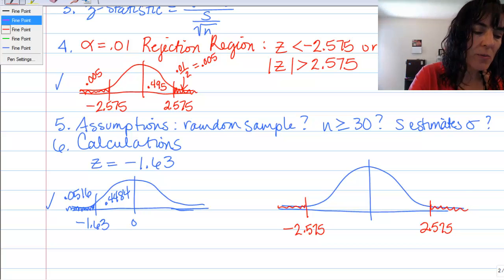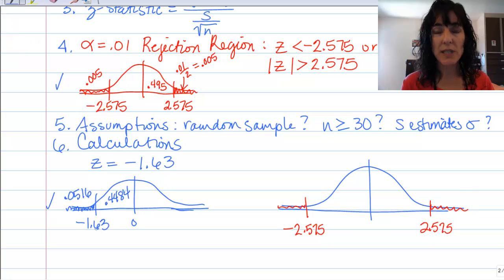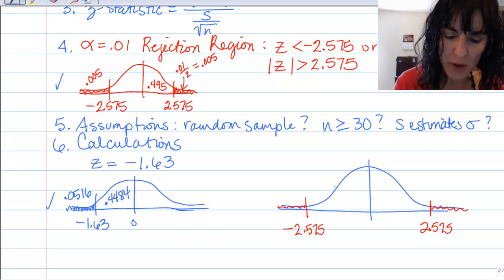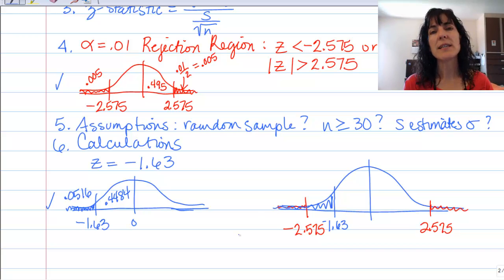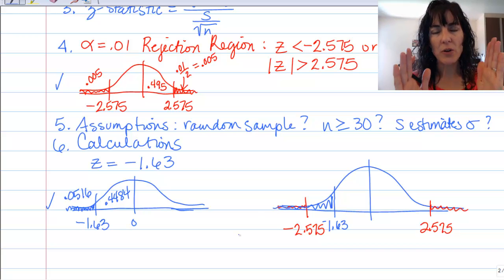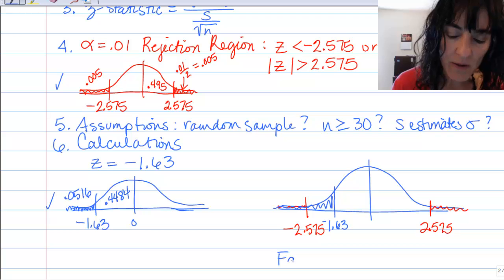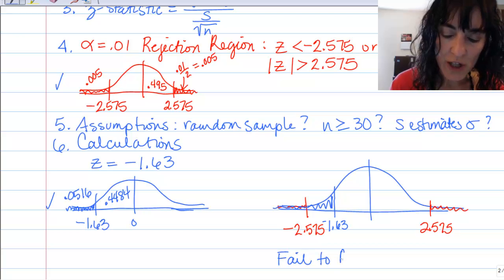And then if I come in and draw in my actual data where it came, it was at negative 1.63, so it's actually quite a bit closer to here, 1.63. And we have this whole region here. So you can see that my p-value is greater than my rejection region, and so I'm going to have to fail to reject.